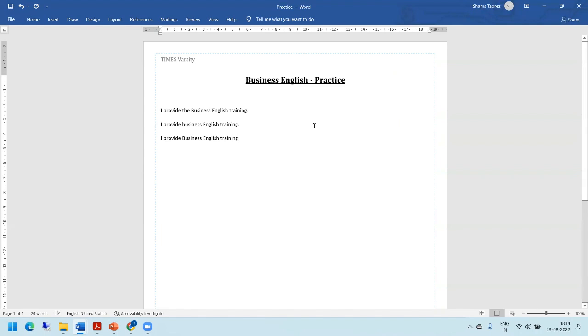All right. Now, first of all, you need to identify the parts of speech here. And then you need to distinguish between these three sentences, which one is correct and which one is incorrect.